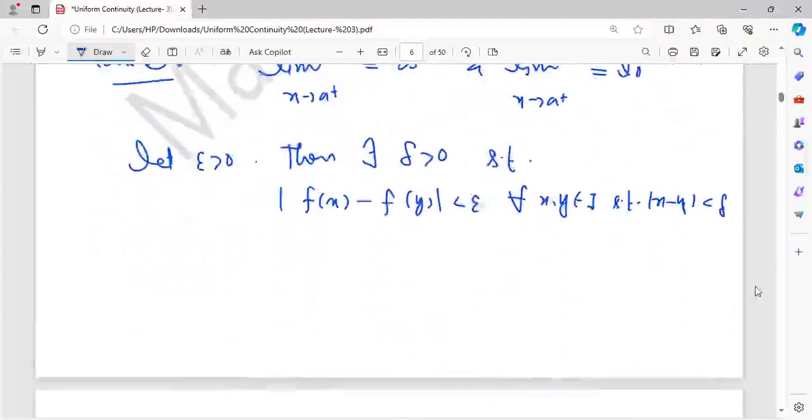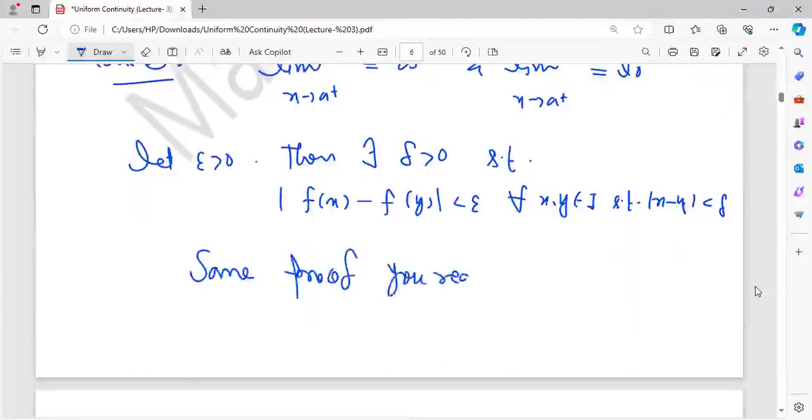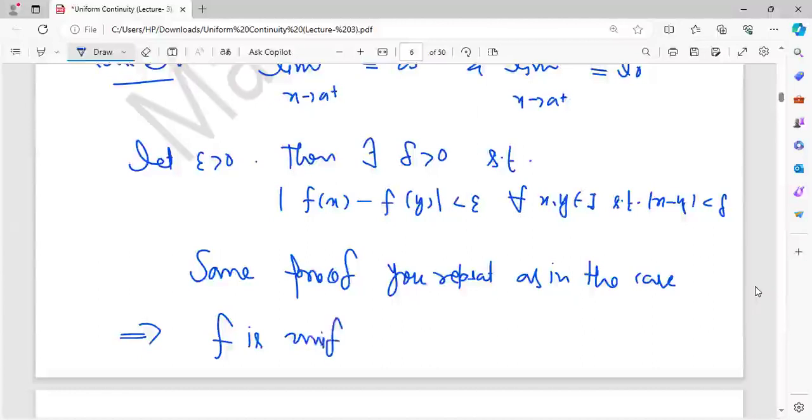Same proof you repeat as in case 1. Then it will be done. It will imply f is uniformly continuous on (a, b).